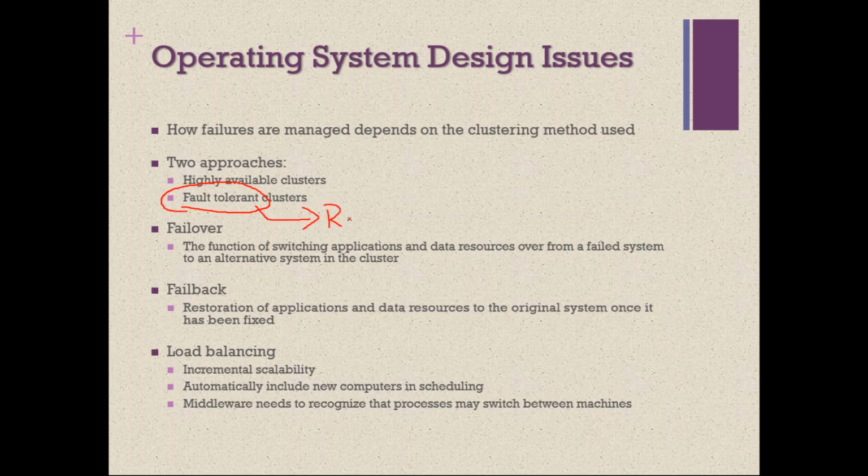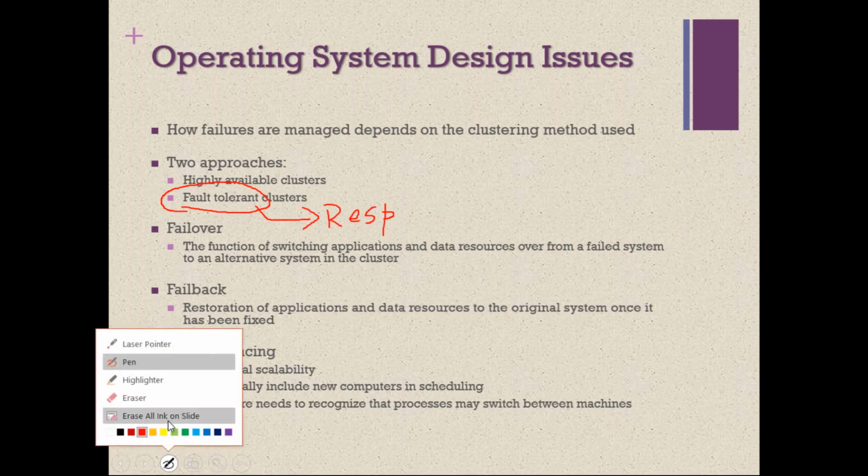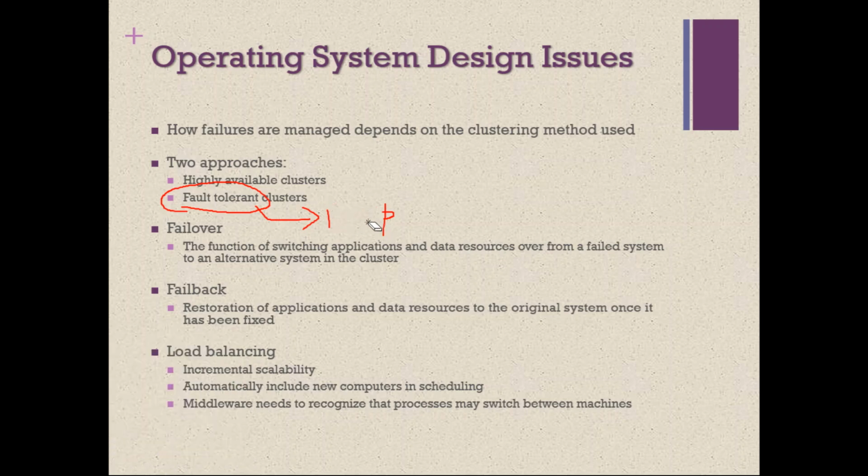The server may fail, or the server may fail when a transaction is executed partially, whatever may be the reason. But fault tolerant systems guarantee that the resources will be available always.